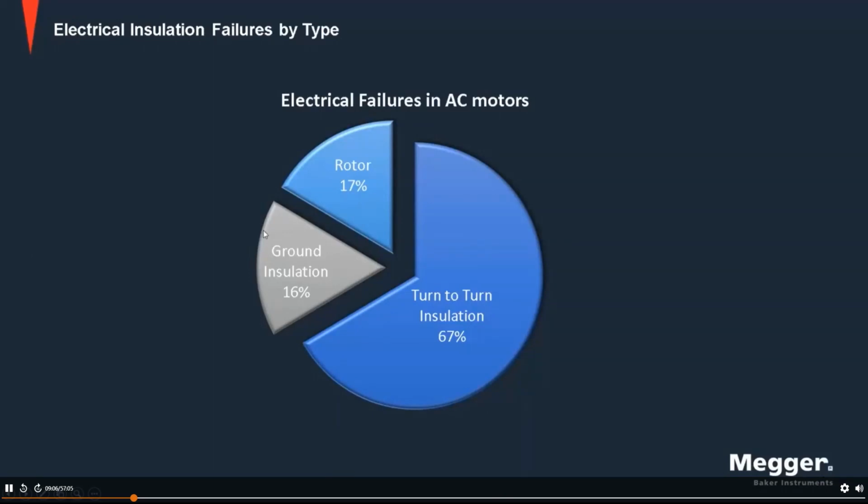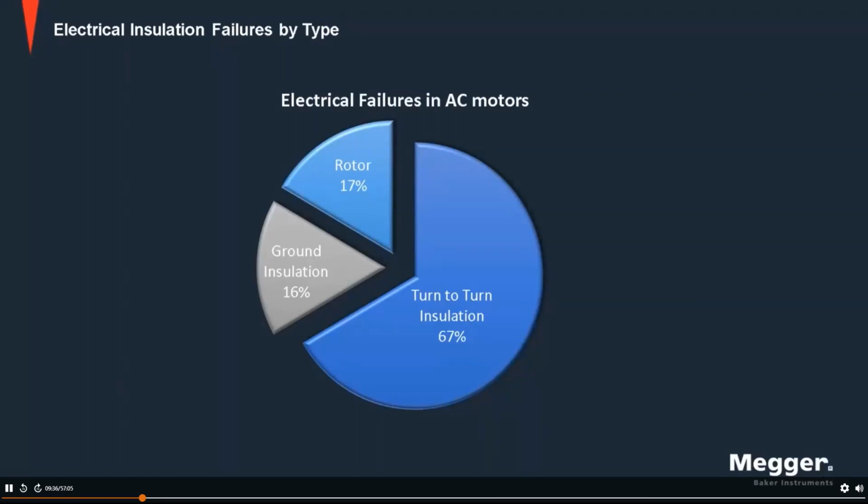This is what the Megger test is looking for with respect to the insulation barrier between the conductors of our motor and the frame or the ground wall, if you will. And then rotor-related failures, especially if there are wound rotors involved and the insulation systems of the wound rotors. And of course, we could also have broken rotor bars and things like that for squirrel cage type rotor designs.